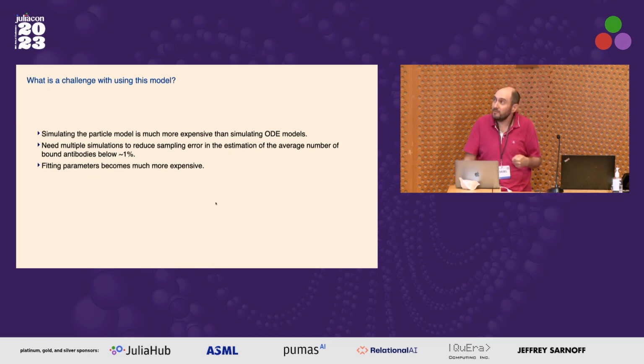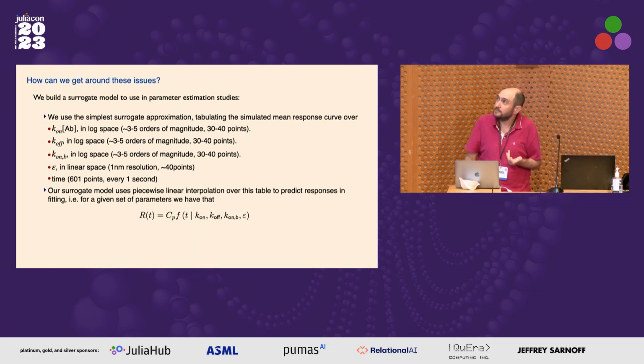So to try to make the whole process faster for them, we decided to explore a surrogate approach. It's kind of embarrassing to give this, but we did the dumbest, simplest thing you could think of, which is we just built essentially a piecewise linear interpolation table. We took our 4 physical parameters, and we took a big swath of parameter space that we thought they would generally lie in for the types of experiments we were looking at.